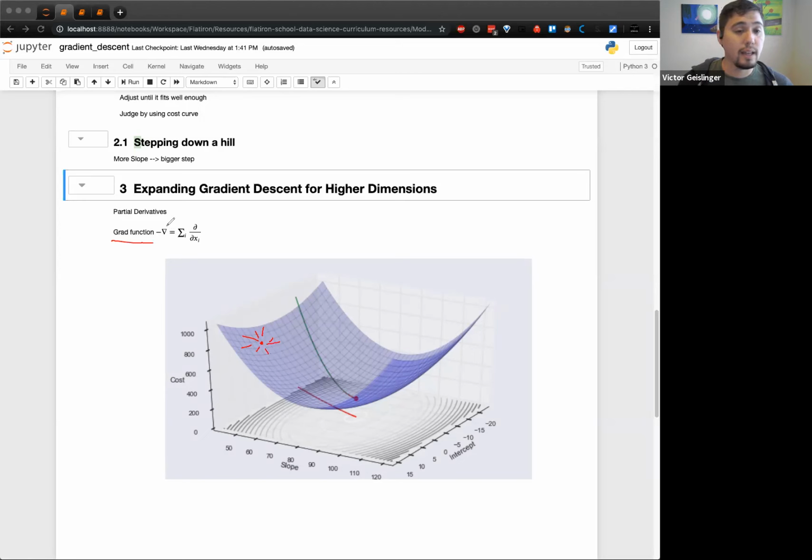This is called a nabla, the symbol, an upside down triangle. What this represents is that instead of taking the derivative at that one point and figuring out whether it's positive or negative, we can take a derivative with respect to each dimension, basically each direction. So I put this x sub i.